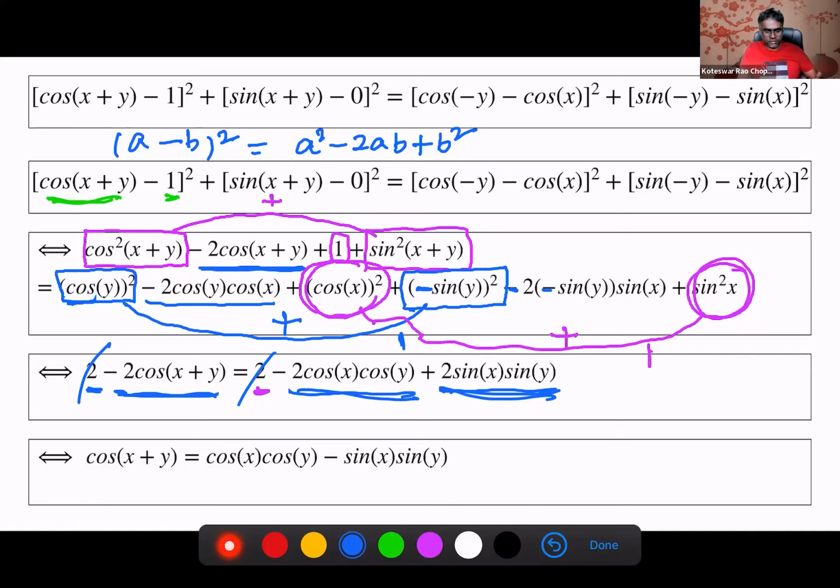So cos of x plus y is cos x into cos y minus sin x into sin y. Is that clear? Yes, sir, it's clear. Okay, very good.